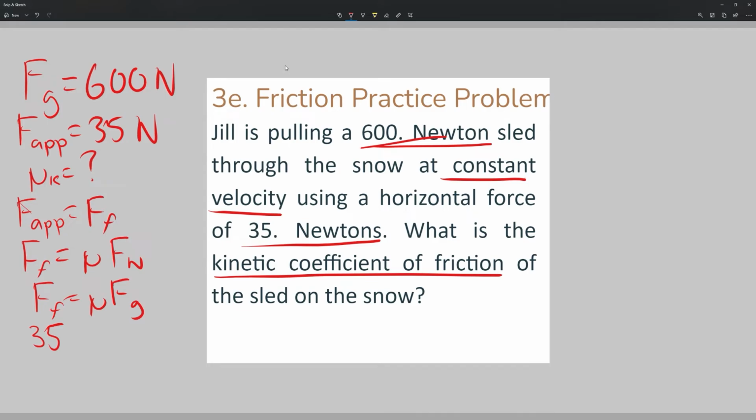And then mu times your force due to gravity, 600, divided by 600. So you have 0.06, and that is mu. All right.